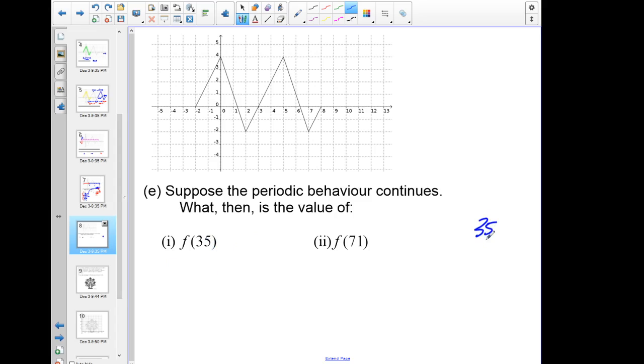I could go 35 minus 5 equals 30, minus 5 equals 25, and I could count down from there, 20, 15, 10, and finally we get to 5, and 5 is on our graph. So our answer to the first one is going to be here. It's going to line up. So f of 35 is the same as f of 5.